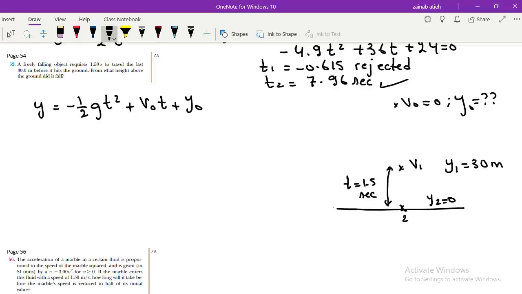In reality this formula is valid between any two instances, as long as I am in free fall.